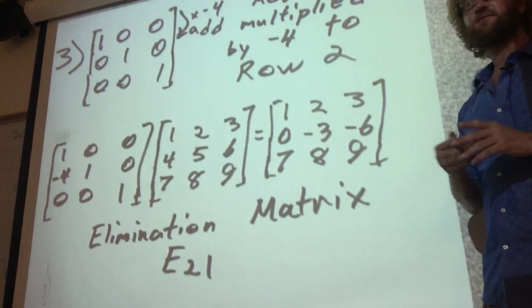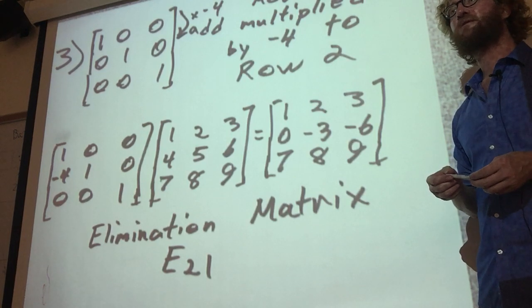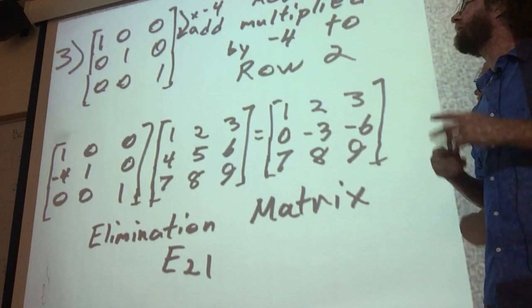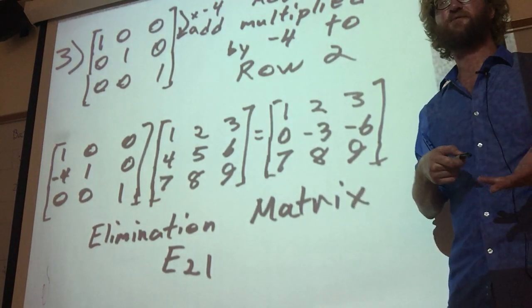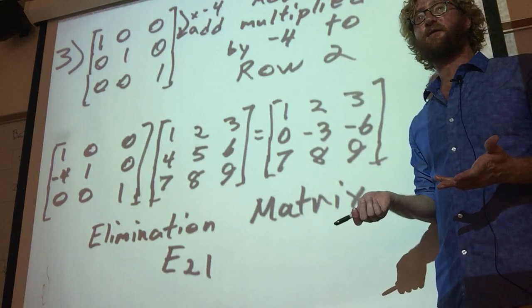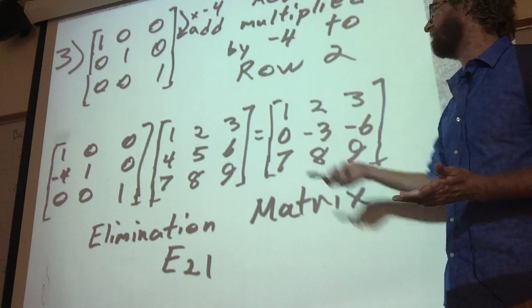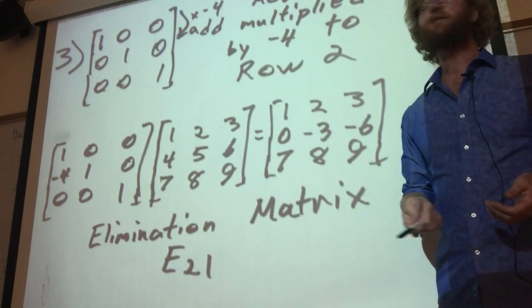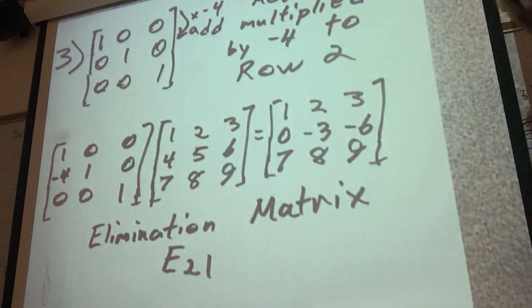So this is entitled an elimination matrix, and it is an elementary matrix. But you can have an elementary matrix that multiplies one row by a number and adds it to the next one without it being an elimination matrix. For example, 1, 0, 0, 2, 1, 0: take the first row, multiply by 2, add it to the next one.